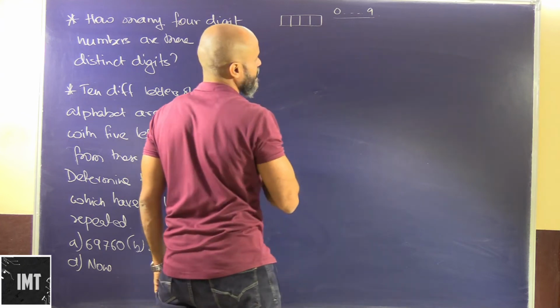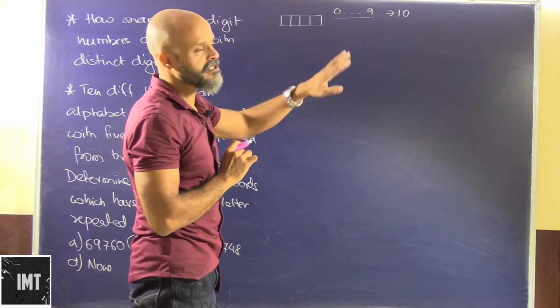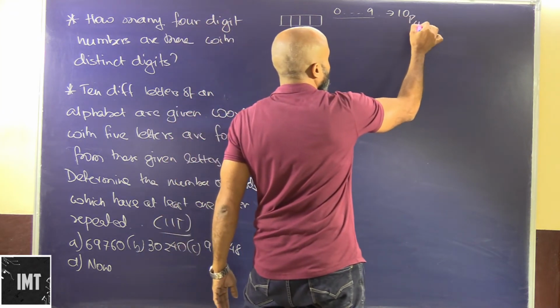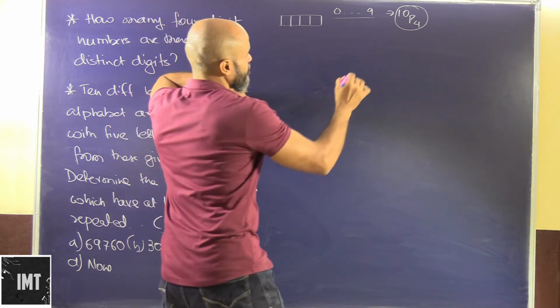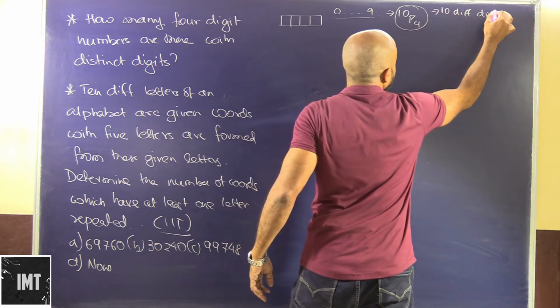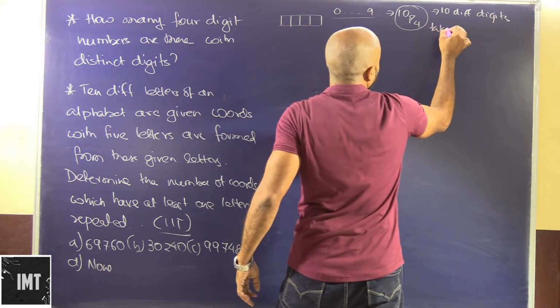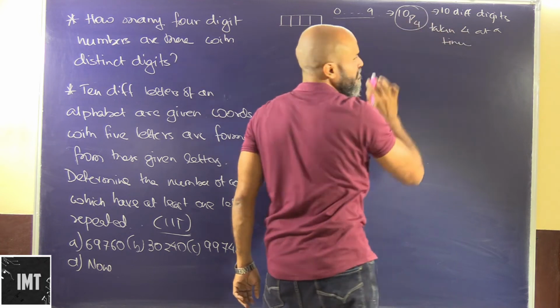So how many digits can we select here? 10, taken 4 at a time. 10 different digits taken 4 at a time will give you 10P4, right?